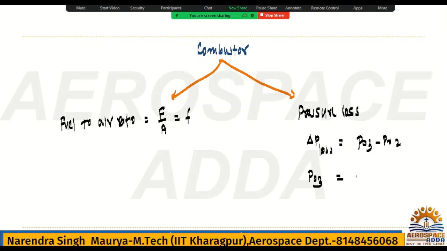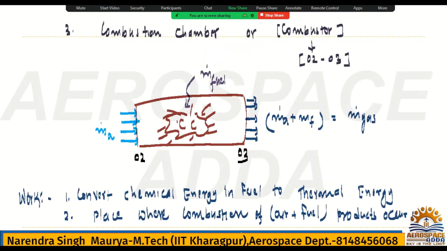They will give the pressure loss. Let me check that loss. P naught 2 is the compressor pressure, which is higher, and P naught 3 is the exit of the combustion chamber.